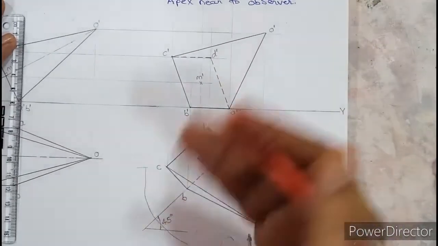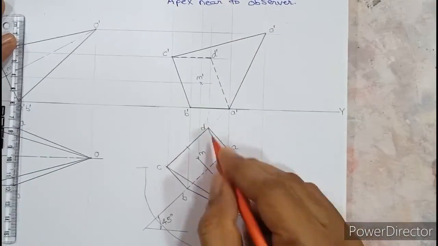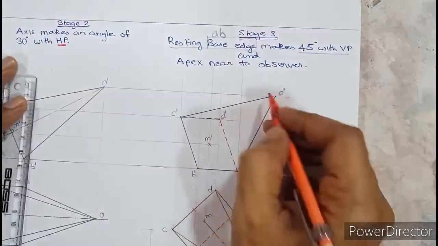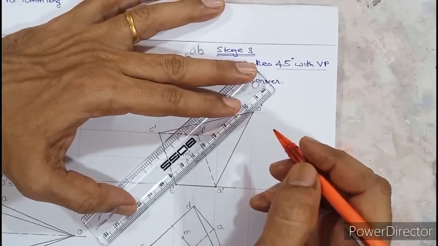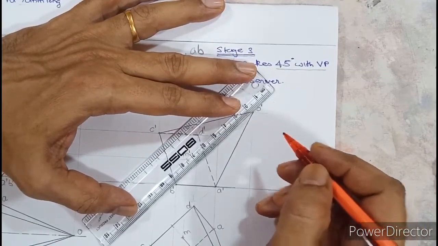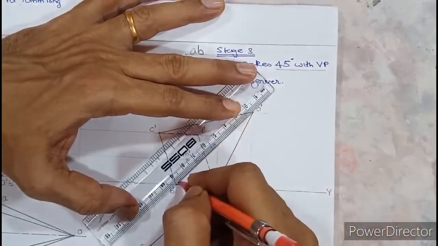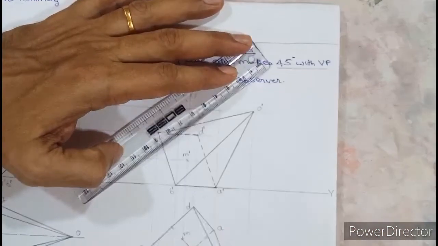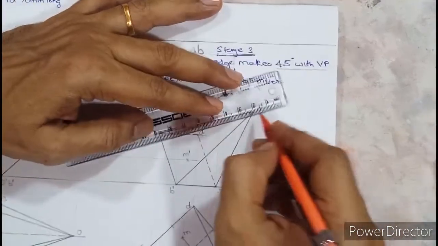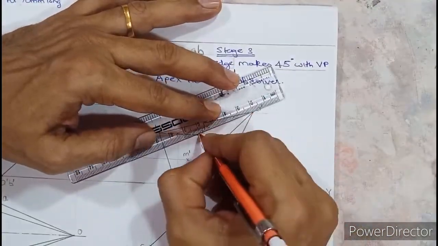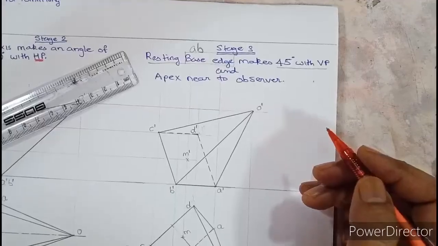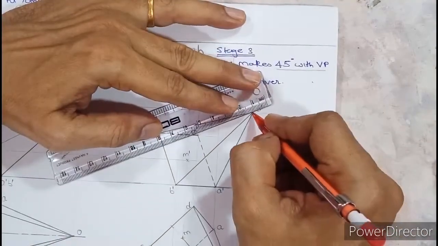Whatever is behind the source, you cannot see. So OD cannot be seen. Therefore OD is hidden. So we align O dash with B dash, and we draw this dark. Next we align O dash with D dash, and we draw this hidden.